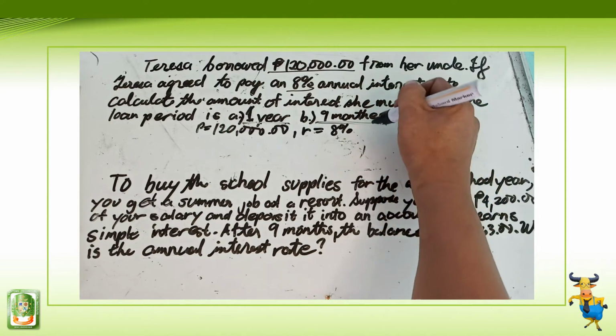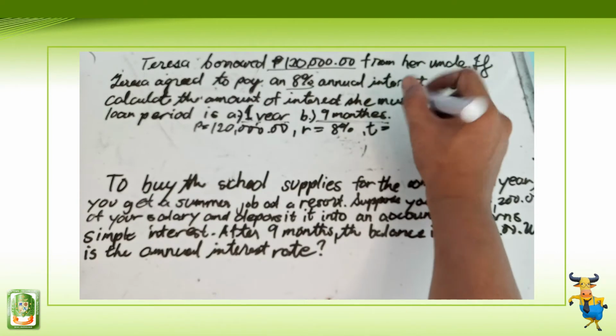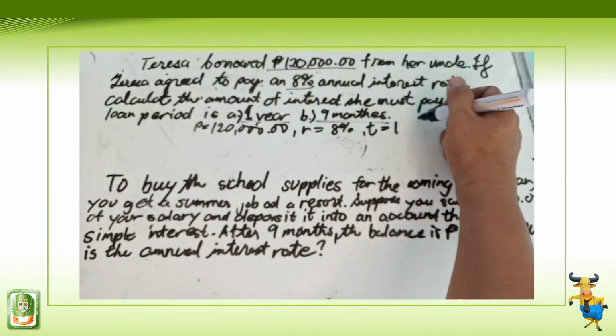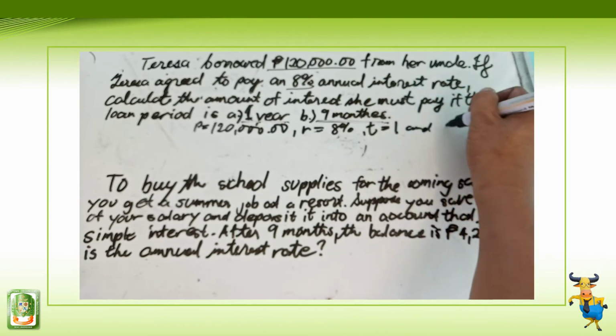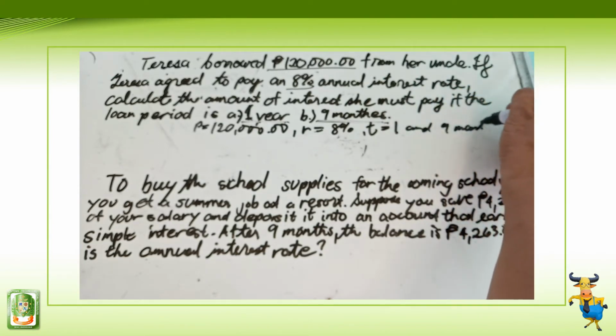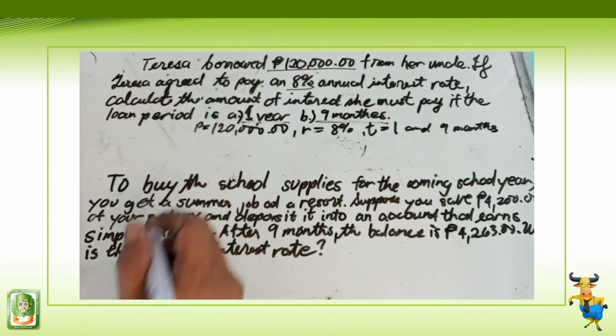Tapos, ang T natin, yung time natin, within 1 year and 9 months. So, unahin natin yung 1 year.